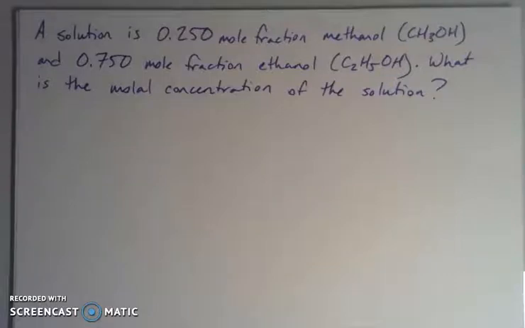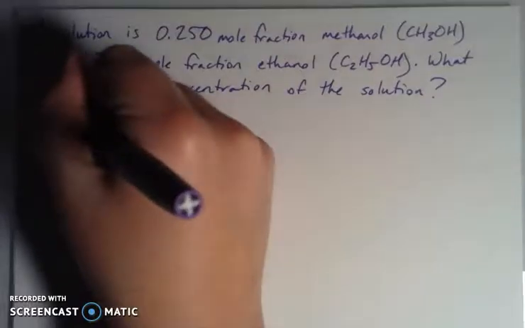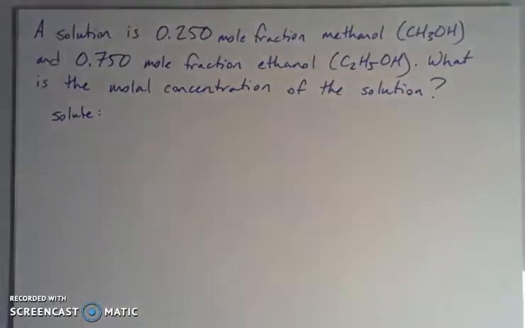So the first thing I need to do is figure out which is my solute and which is my solvent. In a solution where they're both liquids, which in this case methanol and ethanol are both, they're both really volatile liquids, they're alcohols. So, you can think about the smell of alcohol. Even though they have strong intermolecular forces because of the hydrogen bonding, they're still more volatile than, say, water, for example.